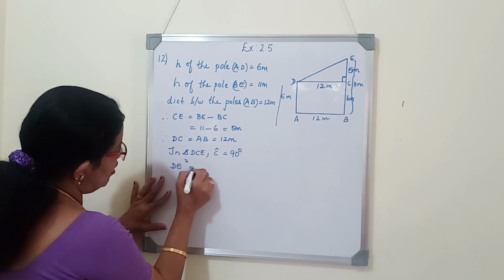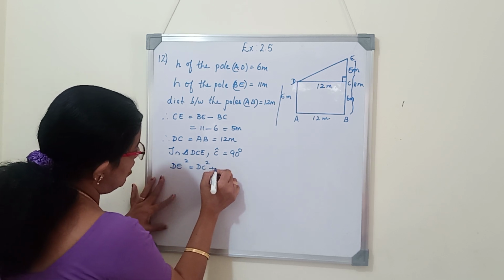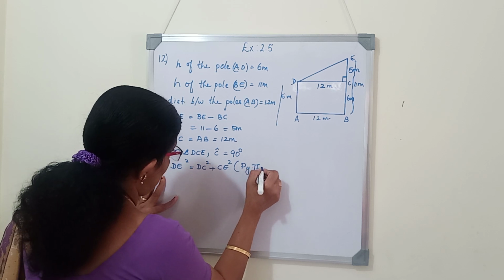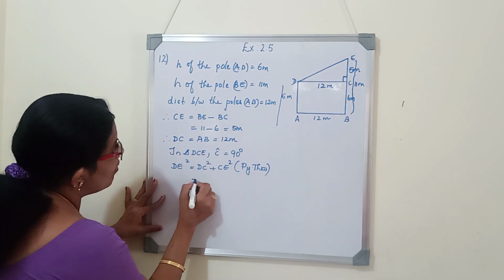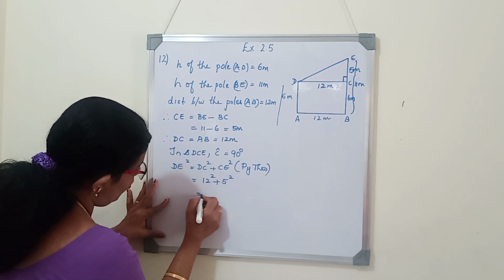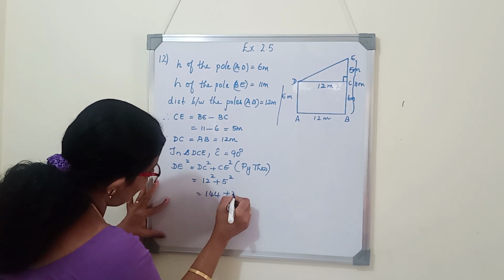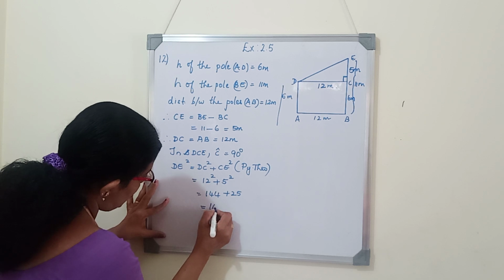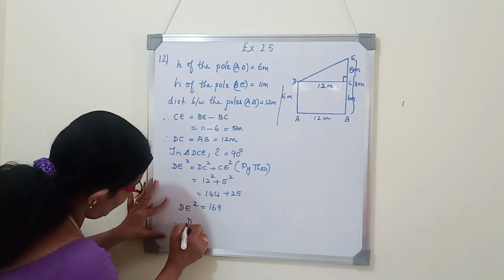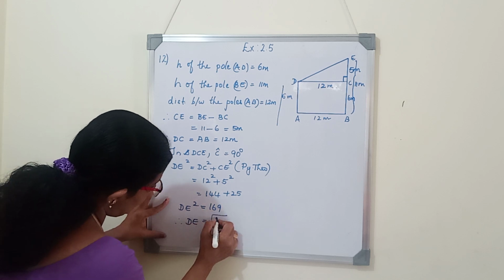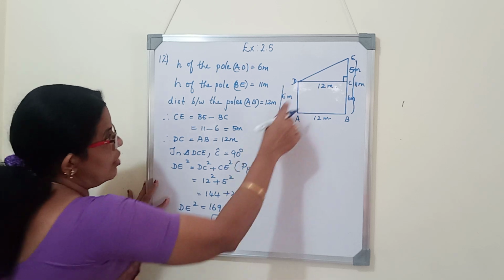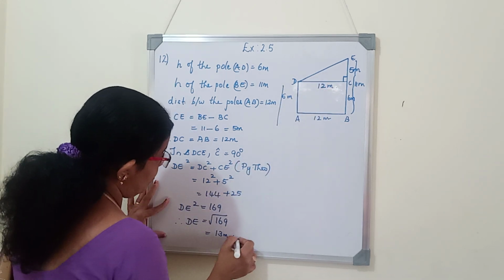DE square is equal to DC square plus CE square, equals 12 square plus 5 square. 144 plus 25 is 169. So DE square is equal to 169. Therefore DE equals square root of 169. It is 13. So distance between the tops is 13 meter.